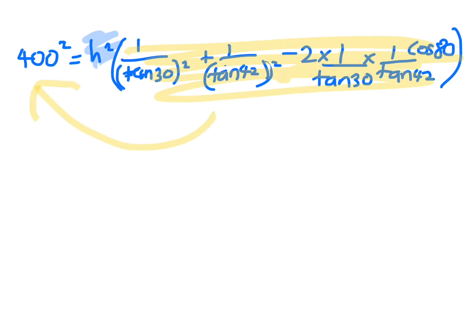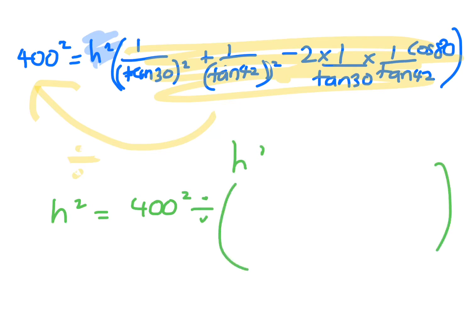And what we're going to do is bring it to the other side and do division. Because now you would have h squared equals 400 squared divided by all this stuff that is in the bracket.